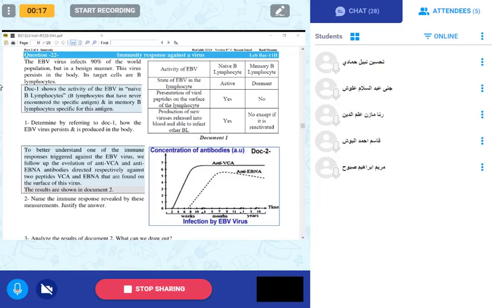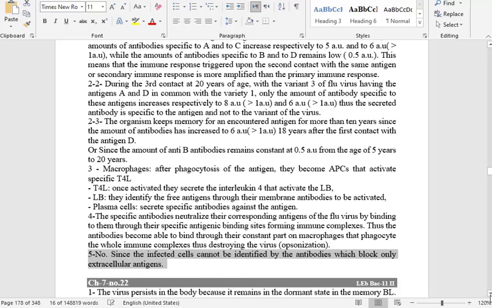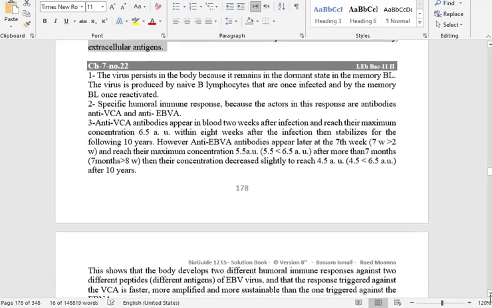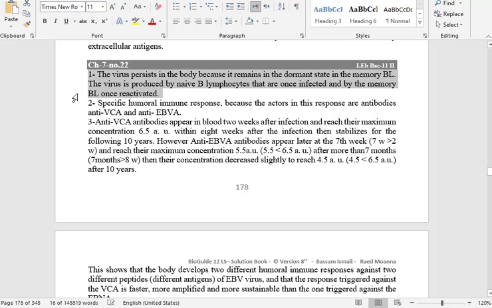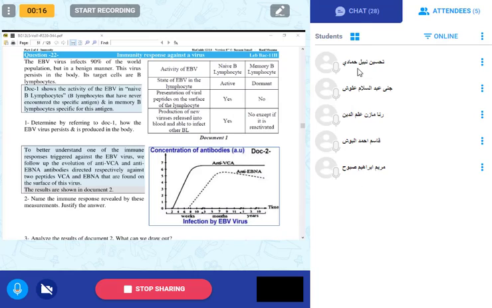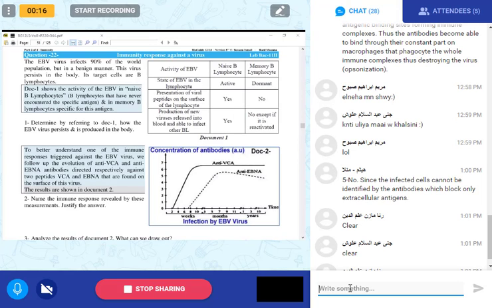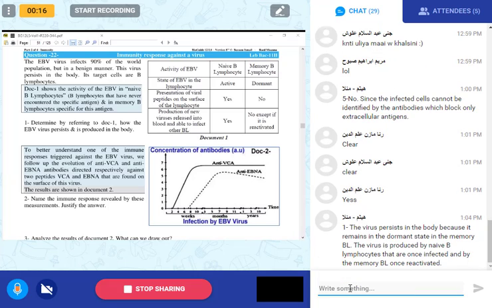Okay, فإذا determine by referring to document 1 how the EBV virus persists and is produced in the body. How it remains، كيف بيضل بالبody وكيف بيكون produced. هلا the virus stays in the body لأنه بيضل dormant inside the memory cells. فإذا the virus persists in the body because it remains in the dormant state in the memory B lymphocytes.